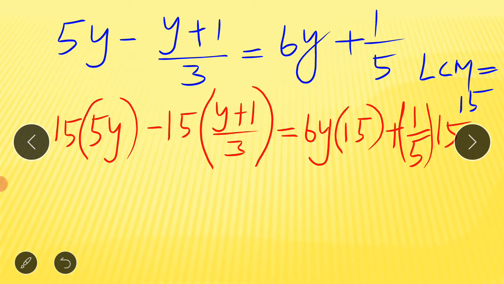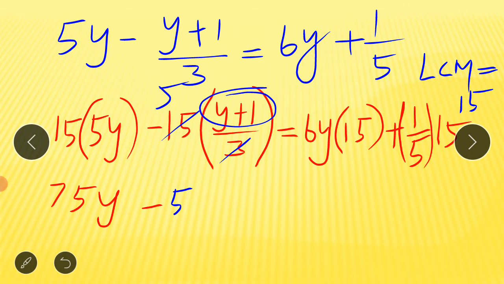So now here we will have 75y, 15 into 5, 75y. Then here 3 ones are 3, 3 fives are 15. So what can be written? Minus 5 into (y plus 1). The denominator is becoming 1.